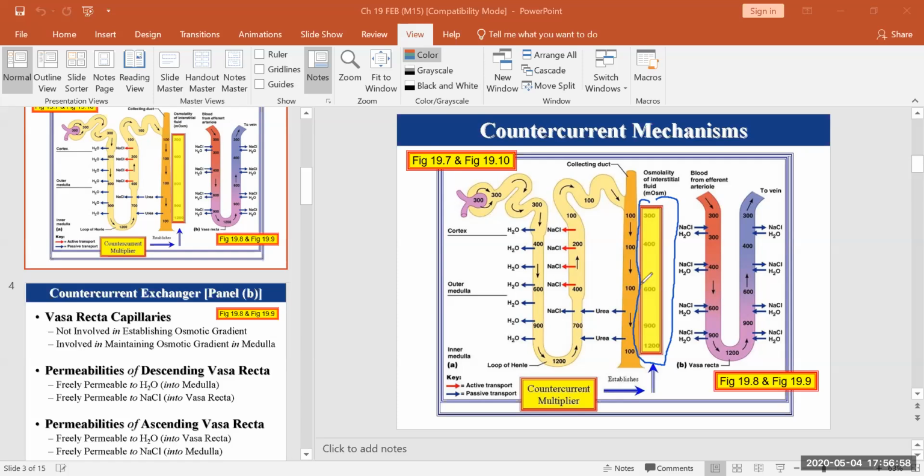Even though the osmotic gradient is present 24/7, the juxtamedullary nephron keeps producing dilute urine if the body is properly hydrated. So in this case, both the cortical nephron and juxtamedullary nephron produce dilute urine if you have proper fluid intake.